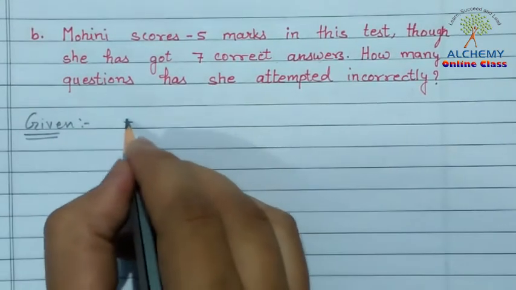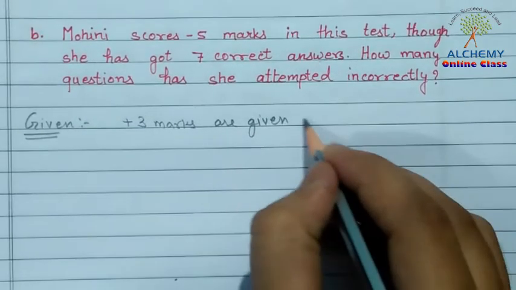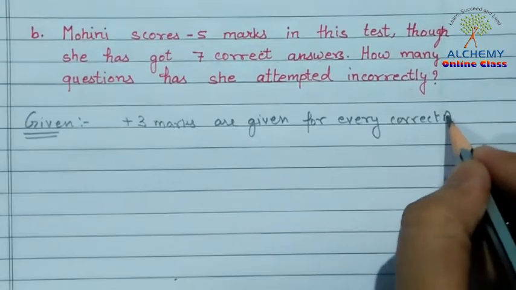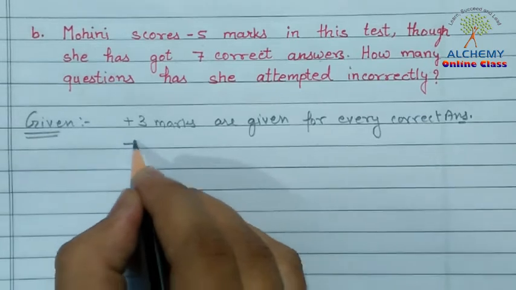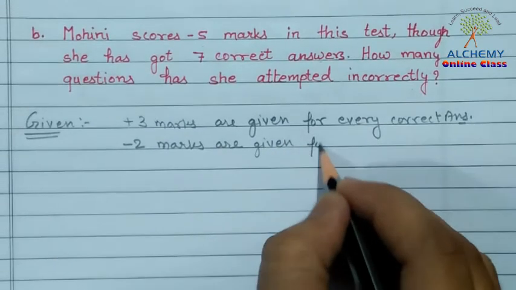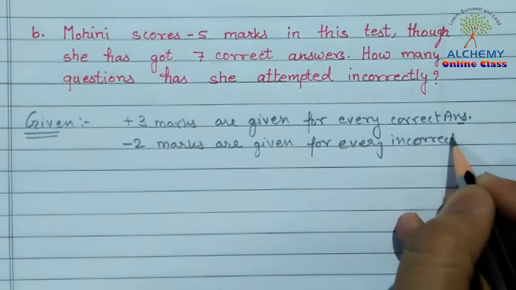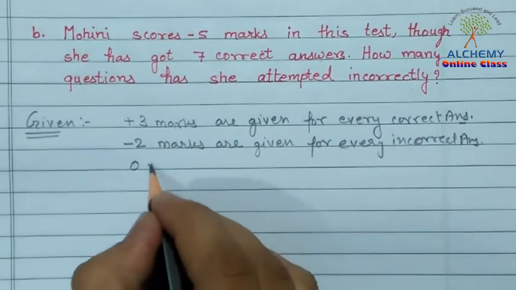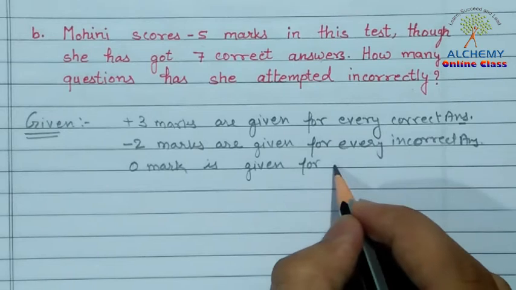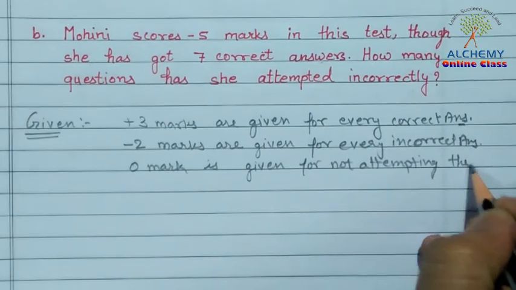What is the given information? The first thing, plus 3 marks are given for every correct answer, minus 2 marks are given for every incorrect answer, and 0 marks are given for not attempting the question.